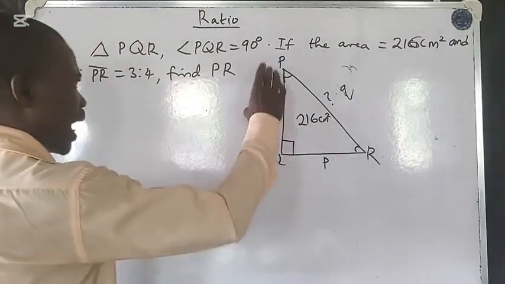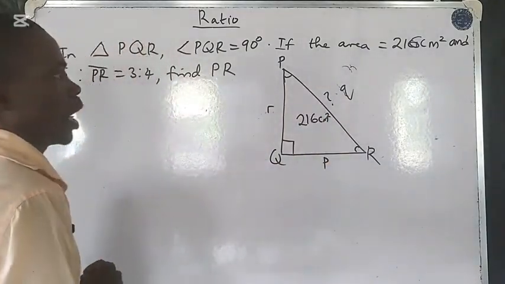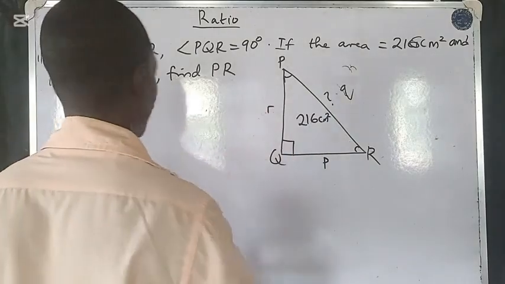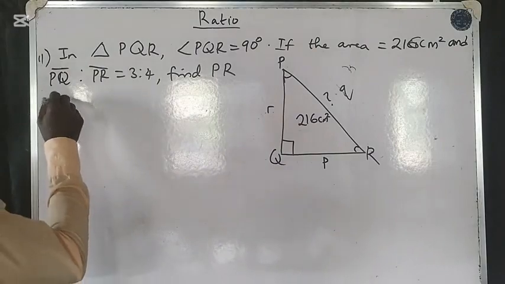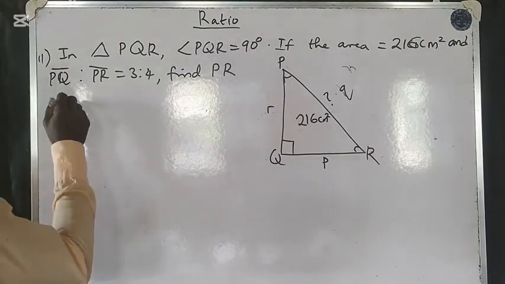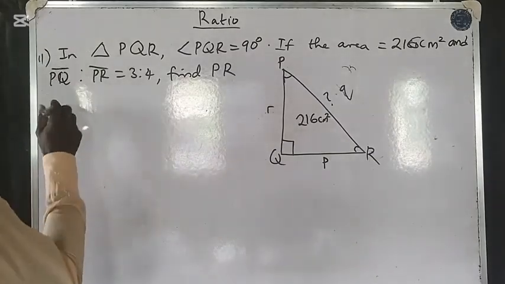We are going to need the height and the base of the triangle to work with the area. And let's make use of the ratio first. So based on what we are given, PQ is now R, so we're going to use R instead of PQ.